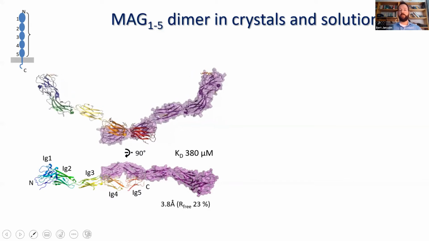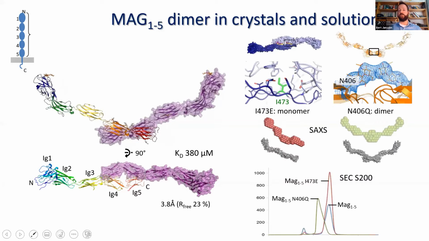So does MAG also dimerize via this interface in solution? We tested that by making two mutations. One mutation that we predicted would disrupt the dimerization is an isoleucine to a glutamate mutation. And we also made a mutation, and I think this is really cool. It shows the predictive power of structural biology.